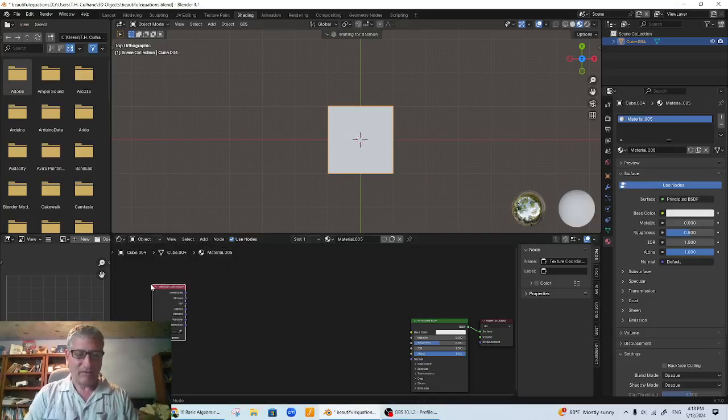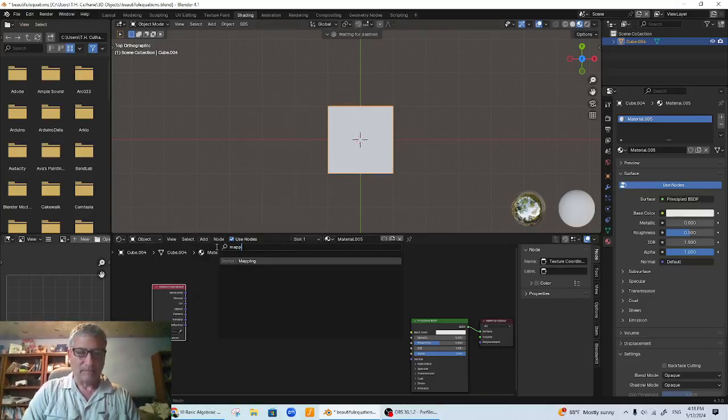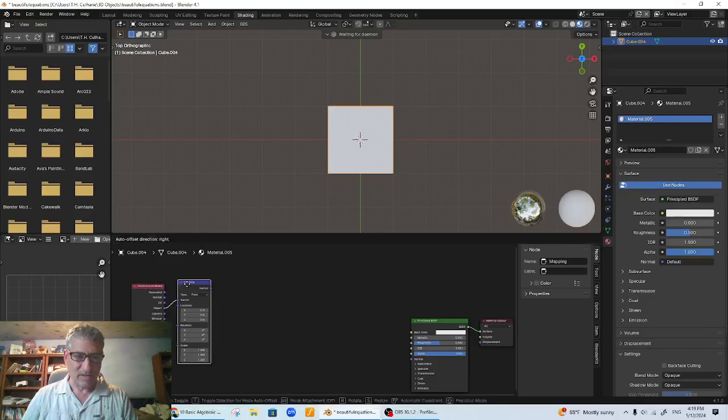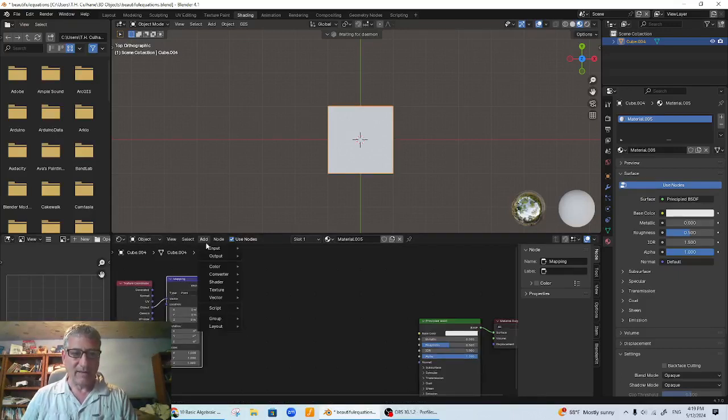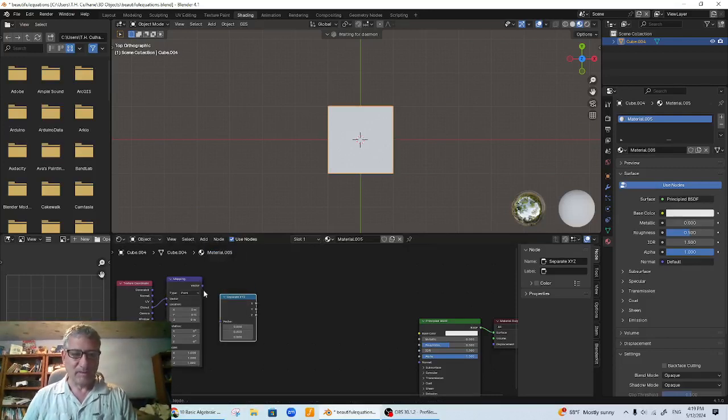We're going to add after that our mapping, the unnecessary but convenient in case we screw up thing. Put object to vector. There's that. We're going to add a separate x, y, z and connect those vectors. Bring x over to the base color.